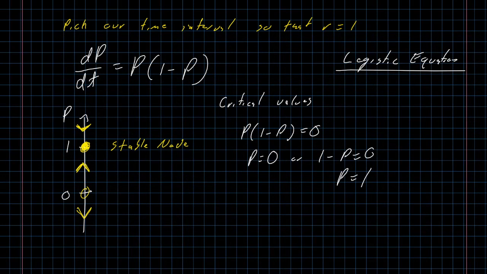When the population of rabbits is at 100% of the carrying capacity, if something causes the population to fall a little bit, someone comes or a wolf comes and eats a couple of rabbits, well, the population is going to quickly rebound. More rabbits are going to survive their childhood, get to adulthood, and the population will grow.